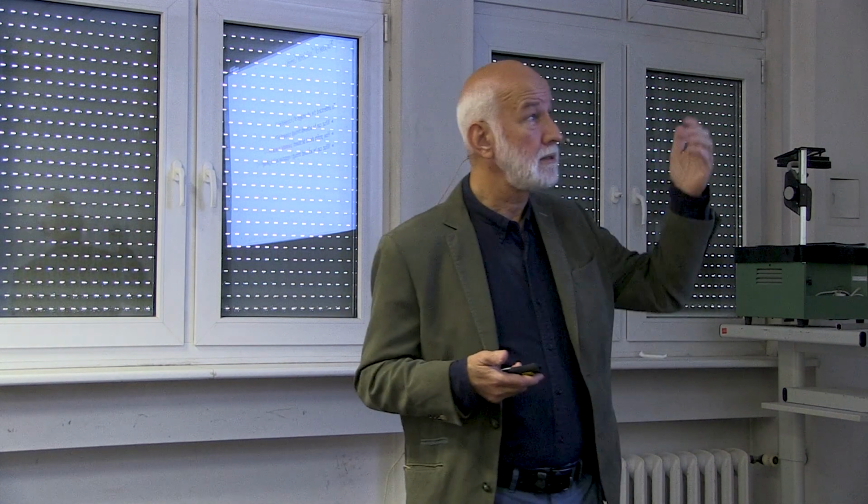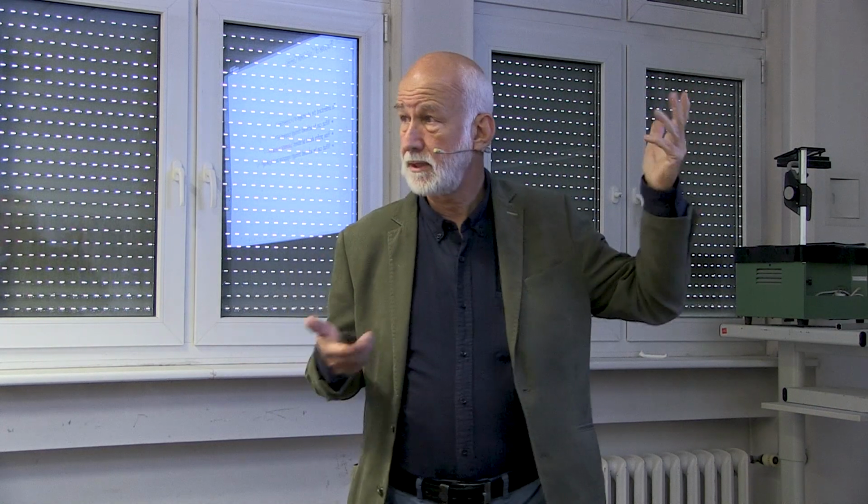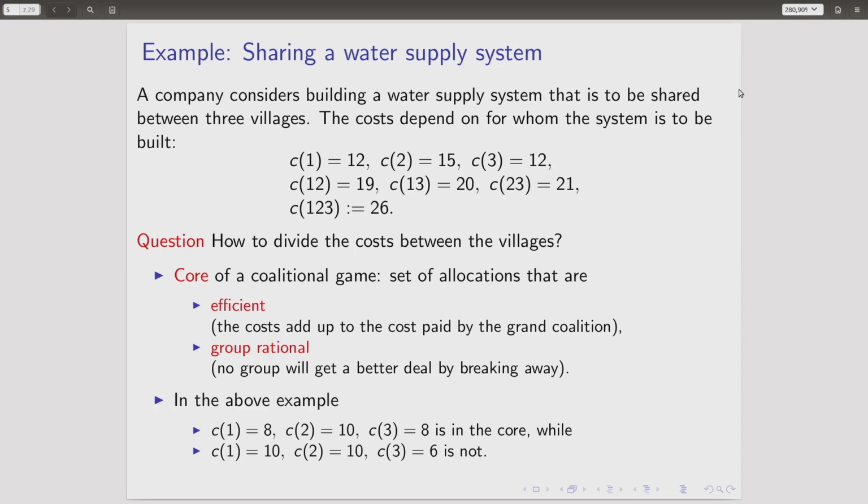And the question is how to divide it. And there is an approach which is very important, axiomatic approach, I will mention to you. And also one can look at this in a larger perspective to try to understand what are, in quotes, the rules of the game. So I will give you some example.